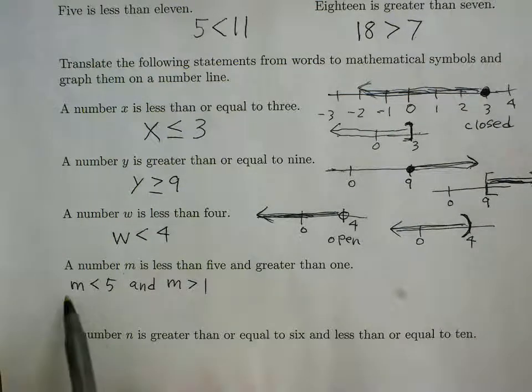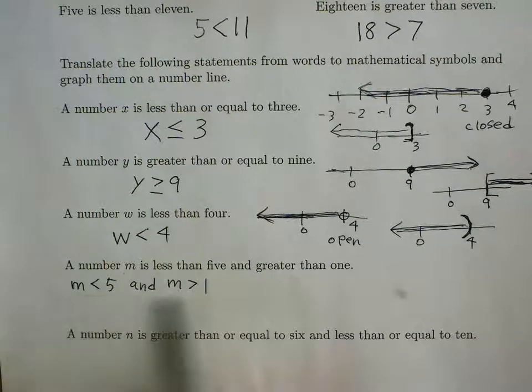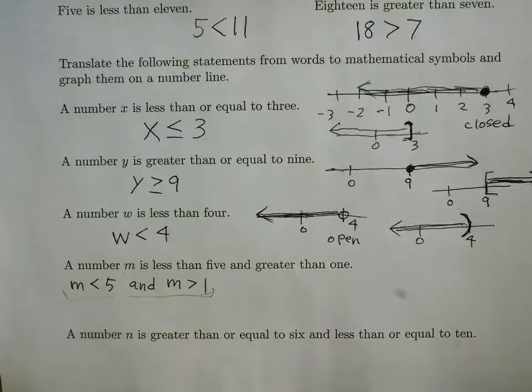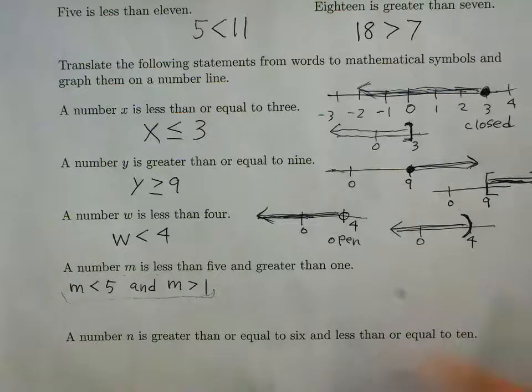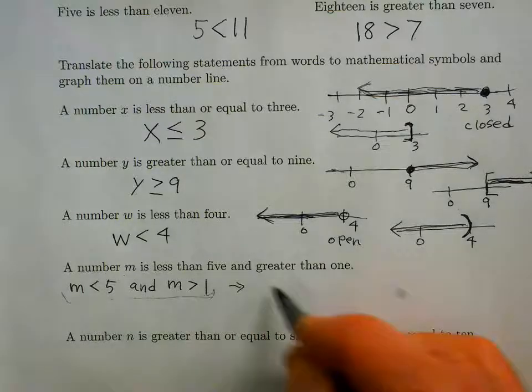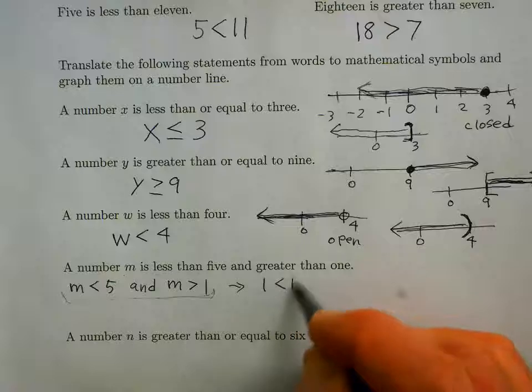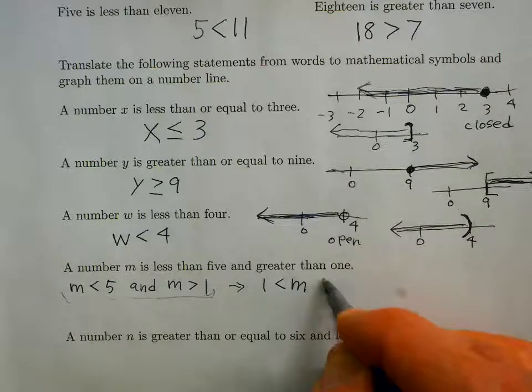But we can combine this in this case. So if m is greater than 1, you'll agree that 1 is less than m. So the way to combine this is to write 1 is less than m, which is less than 5.